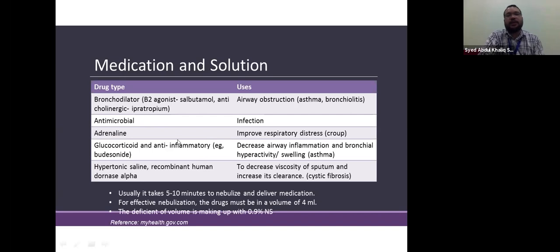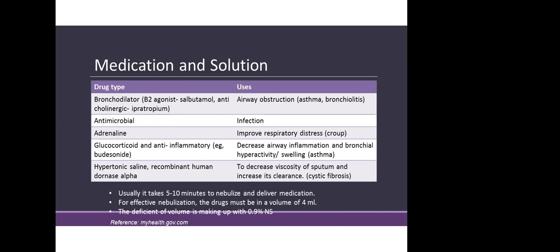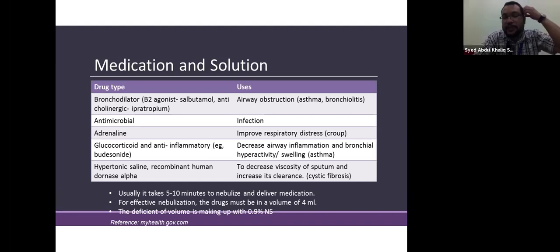Antimicrobial, yes. Can you name one situation where we give nebulized antibiotic? As far as I know, an example of an antimicrobial is ribavirin, which is used in RSV, but I'm not sure if it is common or uncommon. Actually, it's colistin.